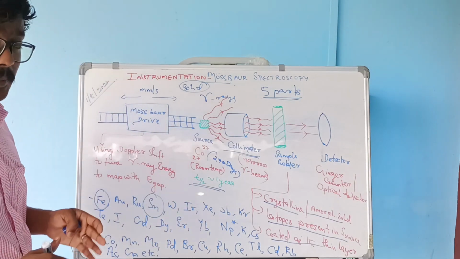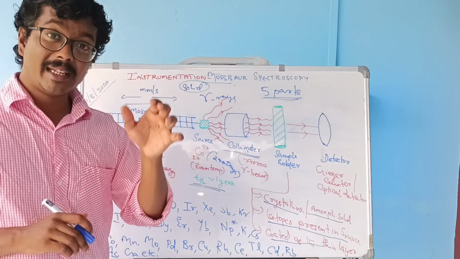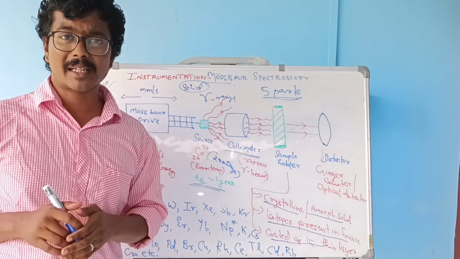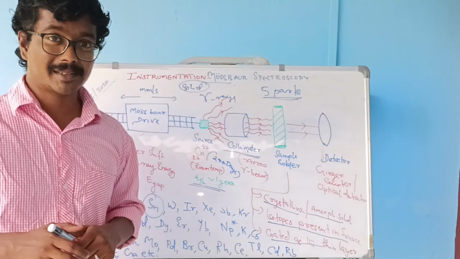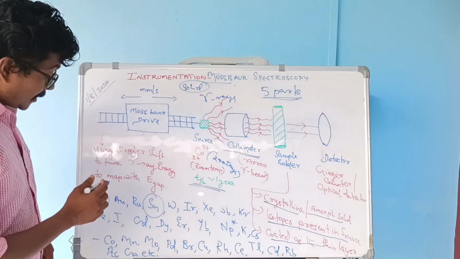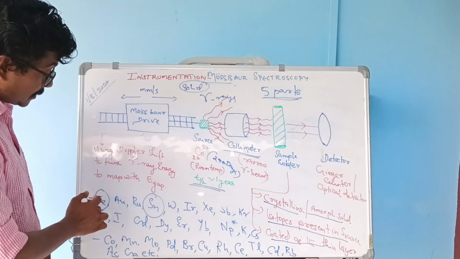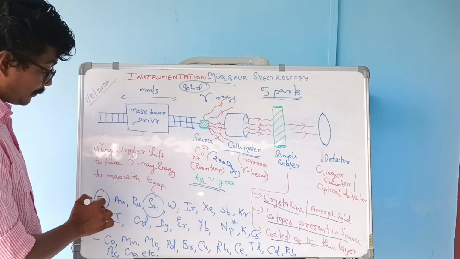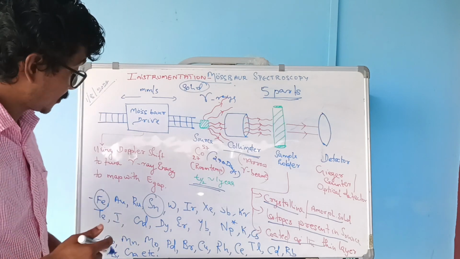In MOSFET spectroscopy, there are mainly 20 MOSFET active elements in the periodic table. Not all elements are MOSFET active. Iron and tin are circled, as they are the widely used elements in MOSFET spectroscopy.